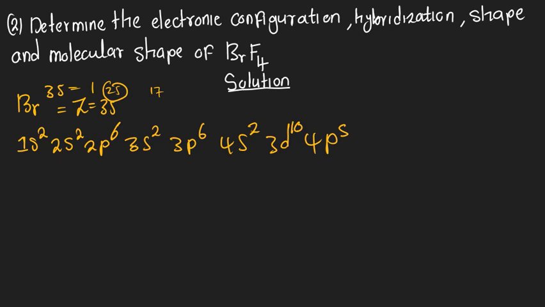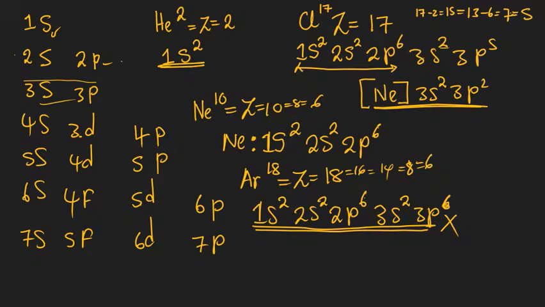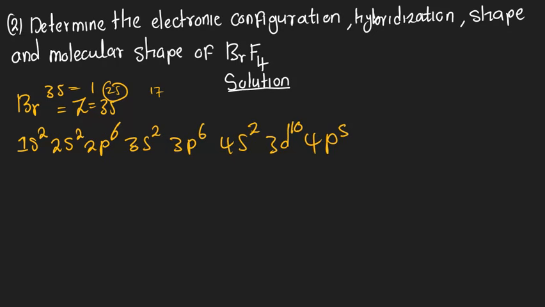Now, let's write its condensed formula. Notice that argon was going up to 3p6. So we can replace the entire of that part with argon if we want. So we can say argon there.